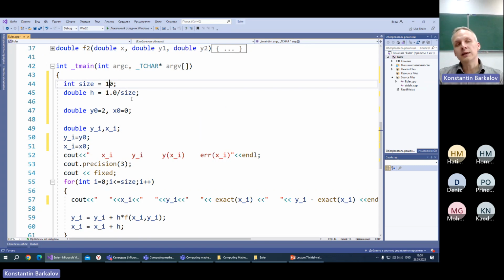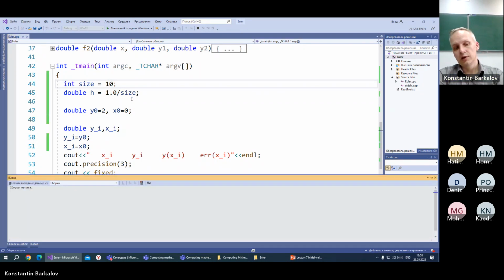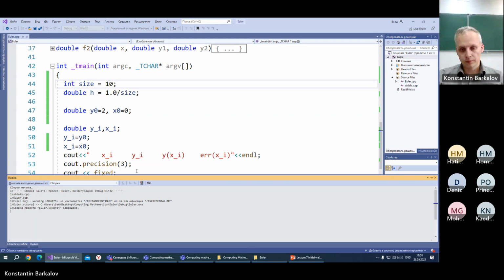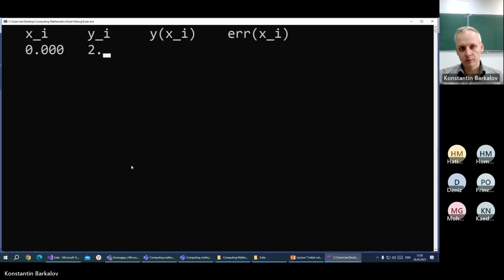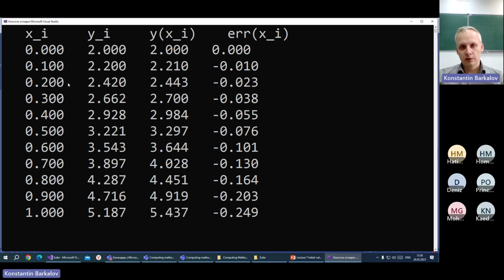Let's take the number of steps, just 10. And let's run the program. We will see on the screen the table of values. The first approximated value approximates the real value exactly.